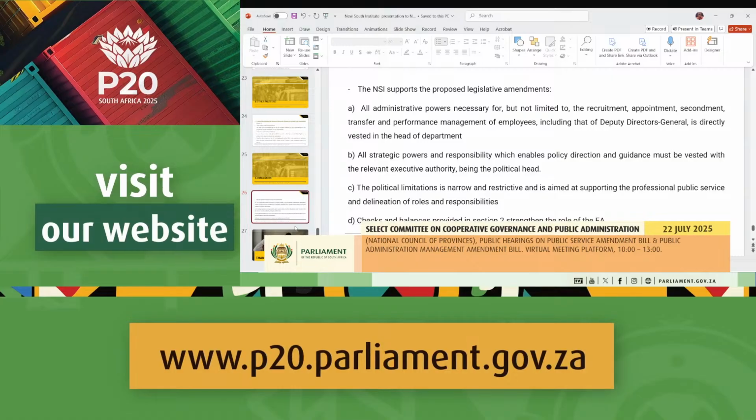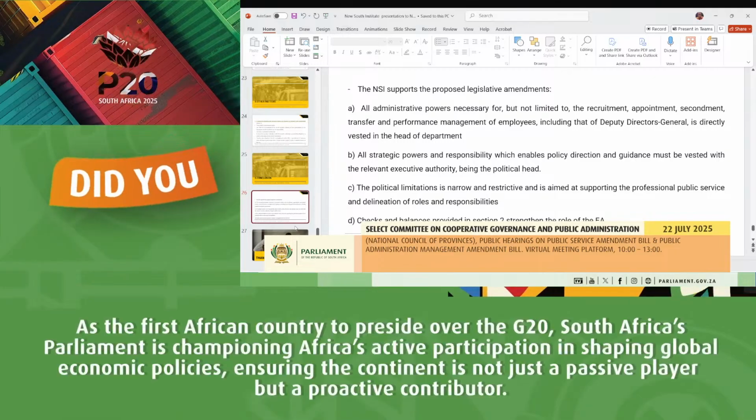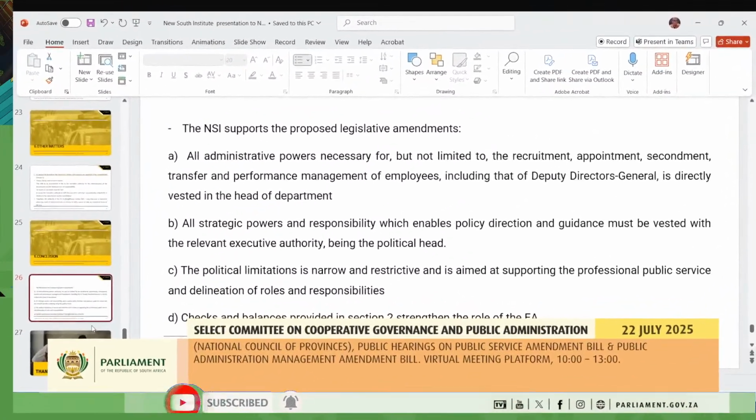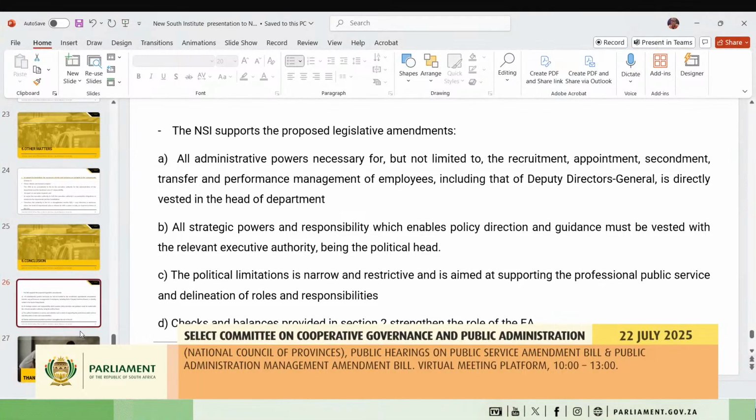All strategic powers and responsibility which enable policy direction and guidance must be vested with the relevant executive authority, being the political head. The political limitation is narrow and restrictive and is aimed at supporting the professionalization of the public service and delineation of roles and responsibilities. And lastly, there are checks and balances provided in Section 2, and these strengthen the role of the EA.